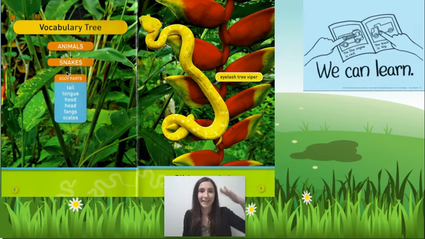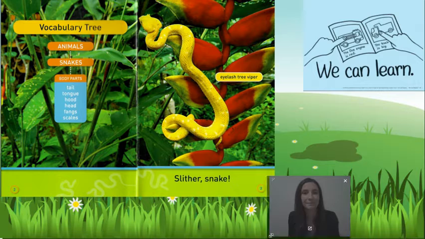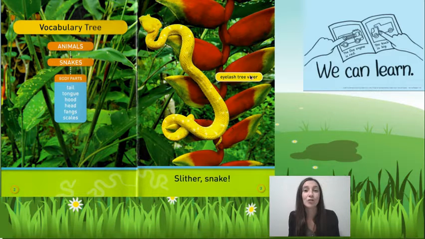Animals, snakes, tail, tongue, hood, head, fang, scales. Eyelash tree viper, slither snake. So this snake lives here. Do you see the different types of plants where it lives?